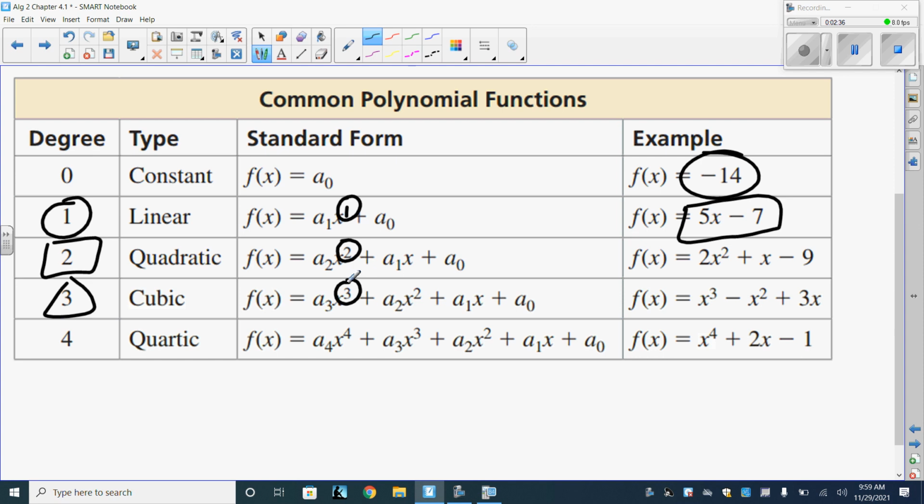Quartic would be degree 4 because the biggest exponent is a 4. And again, all of these here are written in standard form. We have x to the 4th, x to the 3rd, x squared, x, and our constant term. The degrees will be decreasing from left to right. Any questions on this here? Okay.